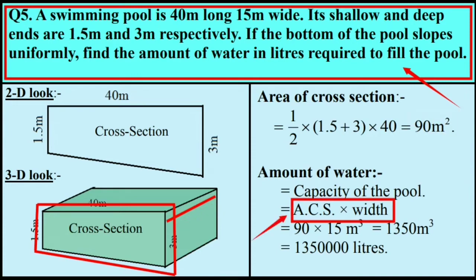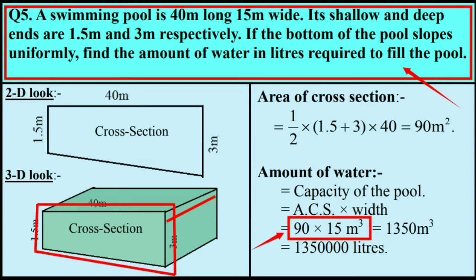Now to find out the volume of the swimming pool. Since the area of cross section is there, the volume of the swimming pool is area of cross section multiplied by its width. Here is the expression for volume of the swimming pool, where 90 is the area of cross section of the pool and 15 is the width of the swimming pool.